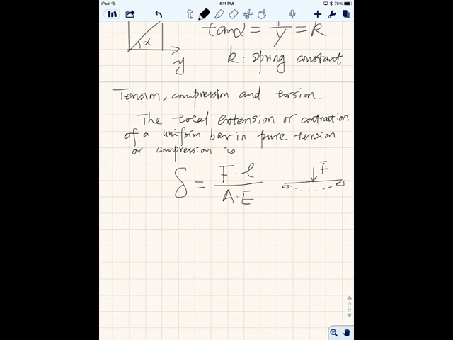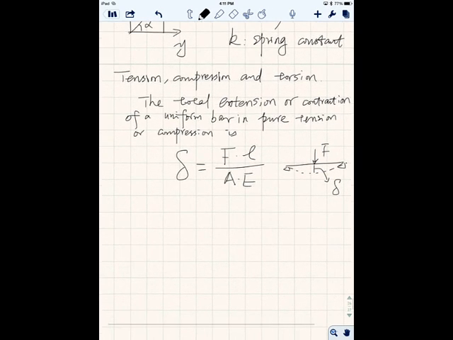The maximum displacement is called delta. So F times L divided by A times E is how the total displacement is defined.